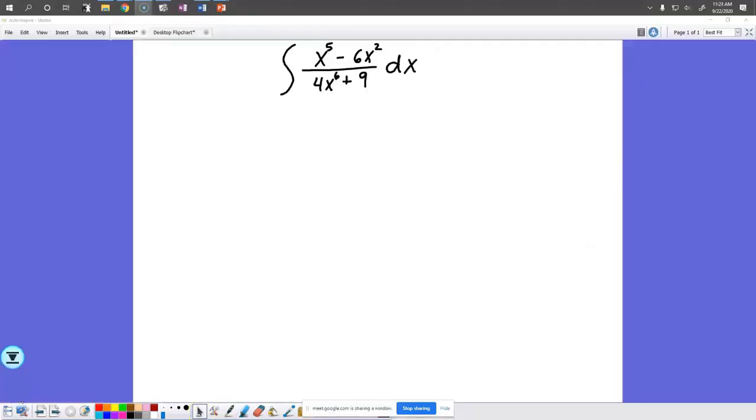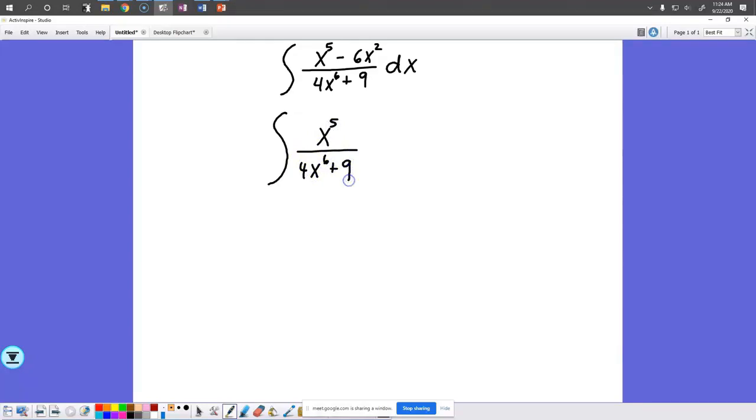Here's the biggest part I want you guys to take away from this. Think of the rest of it as a convenient opportunity to review. But here's the big takeaway I want you guys to have. It's in the first few steps. The first thing is notice I've got more than one term in my numerator. And therefore, that's a good opportunity to consider the possibility of doing this.